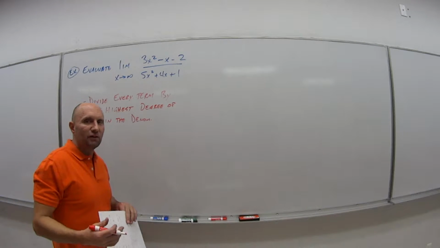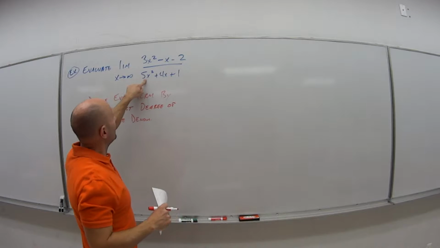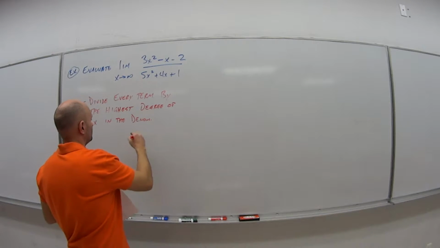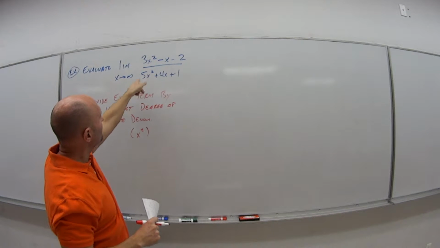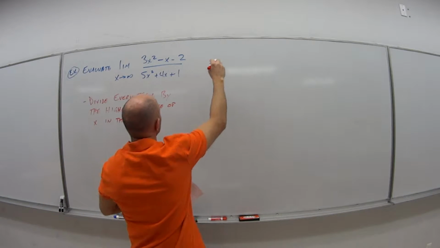So, my highest degree of x in the denominator is what? x squared. So I'm going to divide every single term by that value.